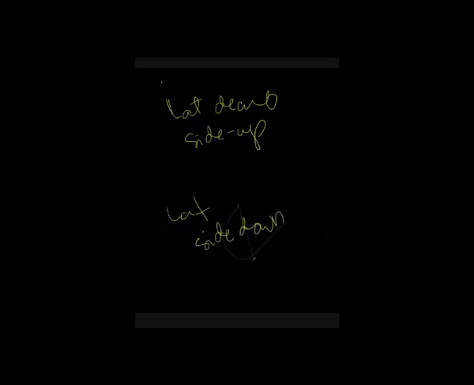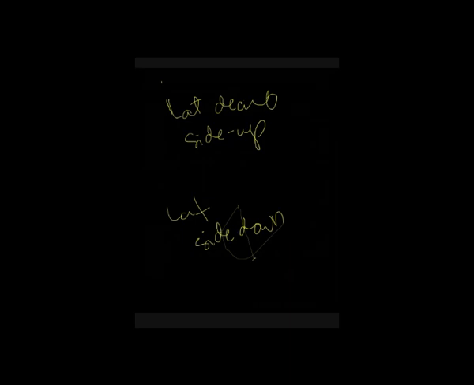Ito. So, ang difference ng lateral decube sa lateral lang. Pag lateral decube, yung marker natin is kung ano ang side na up. Pag lateral lang, walang decube, yung marker natin is yung side down. Okay? So, yan ha.